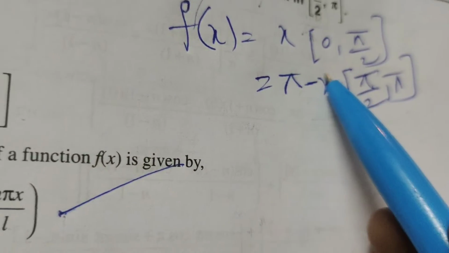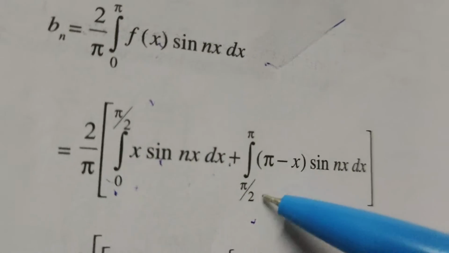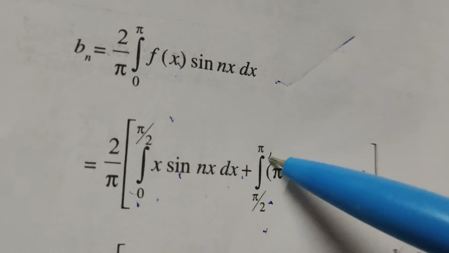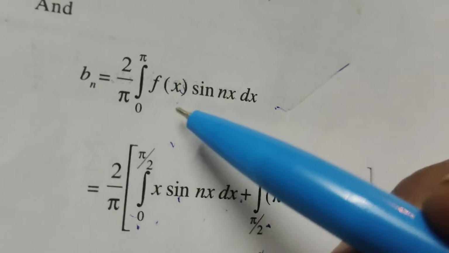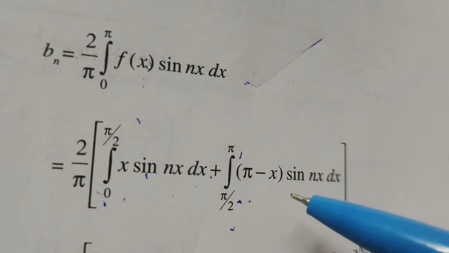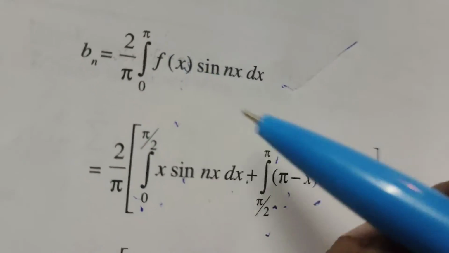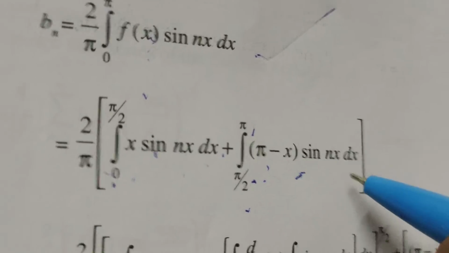What is f(x) here? In the interval π/2 to π, the function f(x) is π − x. So write π − x times sin(nx) dx.